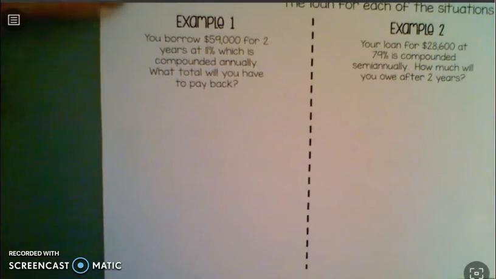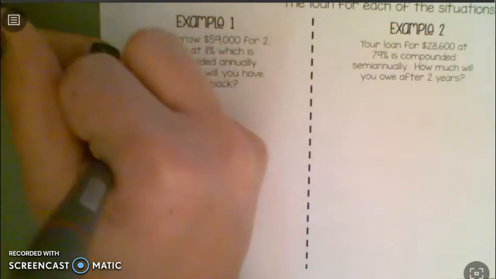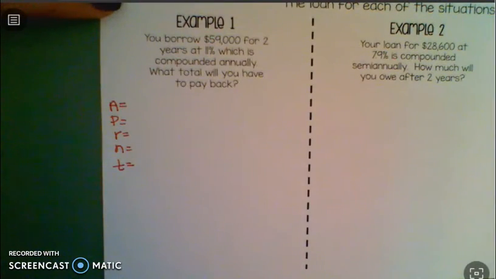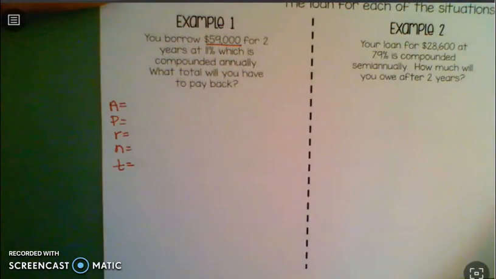So we're going to label all of the letters first, and then we'll plug it in. So we have A, P, R, N, and T. So the example says you borrow $59,000 for 2 years at 11%, which is compounded annually. What total will you have to pay back? So we have the $59,000. That's what you're starting with.